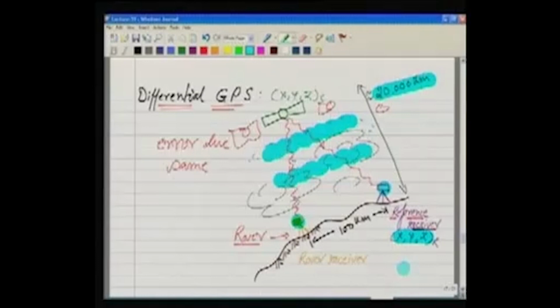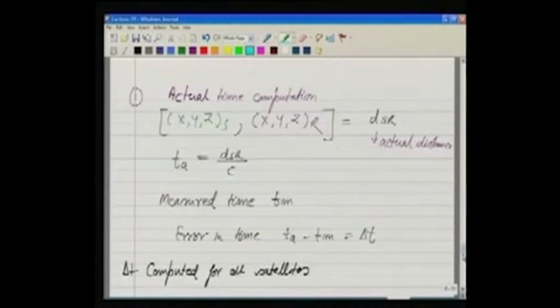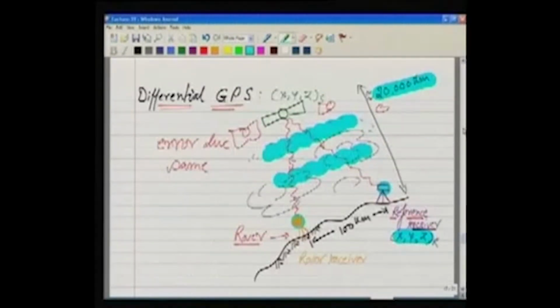Well, we do the computation now. How? First of all, we would like to compute the actual time. What is the meaning of this? The meaning is, because we know the actual position or location of the reference receiver, what we can do using this actual position or the actual coordinates, this receiver also knows where the satellite is.